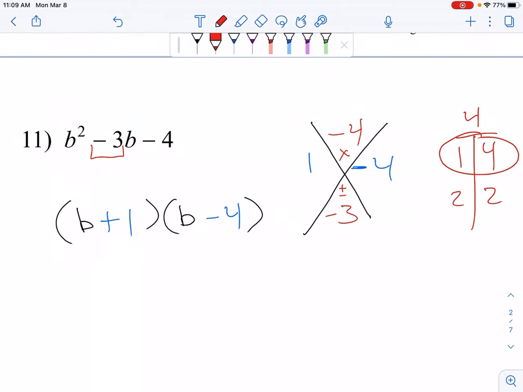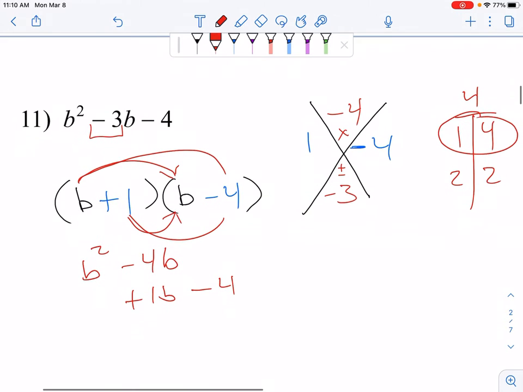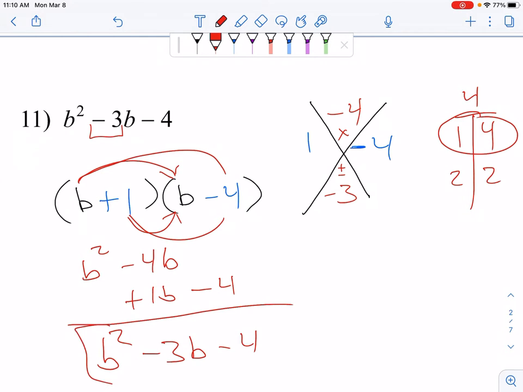If I were to go back and multiply these back up, let's see, we would do b times b and get b squared, b times -4 to get -4b, 1 times b to get positive 1b, and 1 times -4 to get -4. And watch what happens when I combine these. B squared minus 3b minus 4. And this is what I started with.